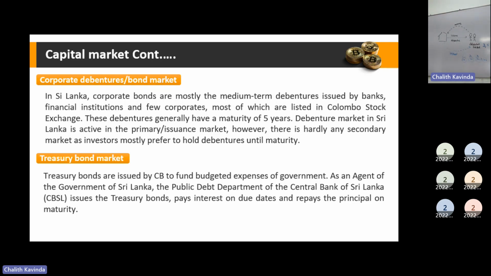So if you go to the stock market website and click the equity summary, massive tradings are there. But if you click the debt summary, something like that, right? Okay, so this is simply the debenture market in Sri Lanka.